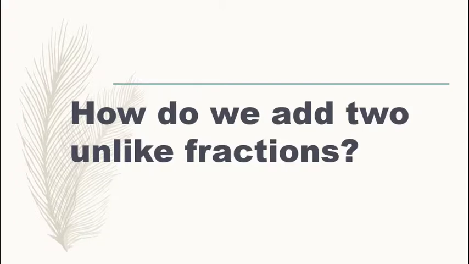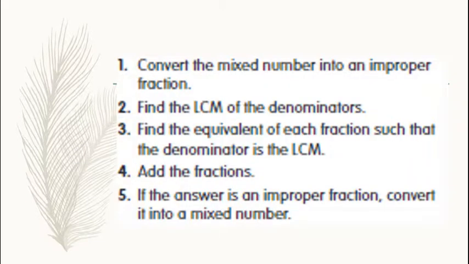So always remember, if your fraction has a mixed number, you need to convert it first into an improper fraction. Second, find your least common multiple of denominators. Third, you need to find the equivalent of each fraction such that the denominator is the LCM.